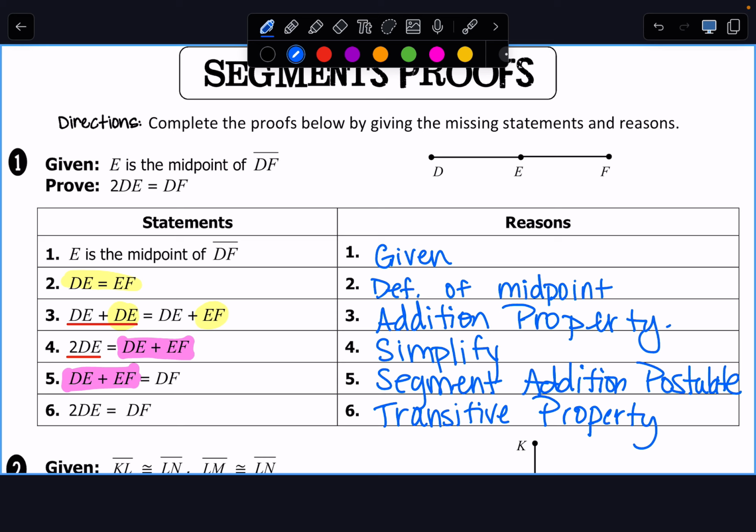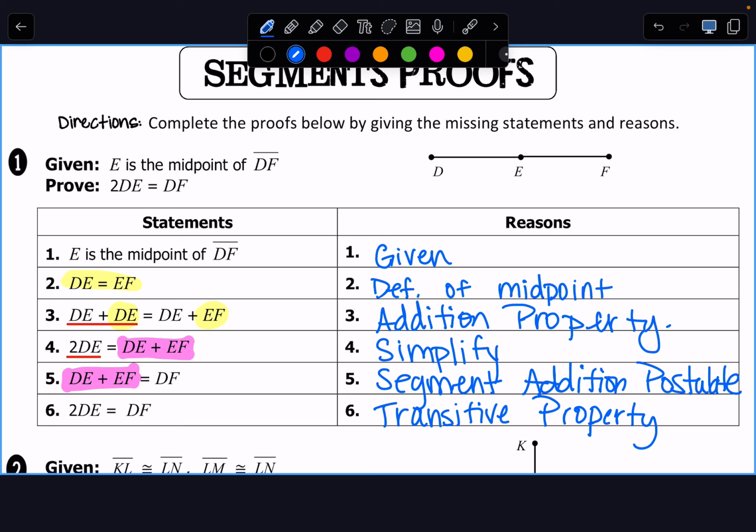Why did they put two? Why is it two? Because DE and EF are congruent. So what'd you say, Avery? I said why did they put the same? What do you mean? Like these are now equal. Did I not answer your question?